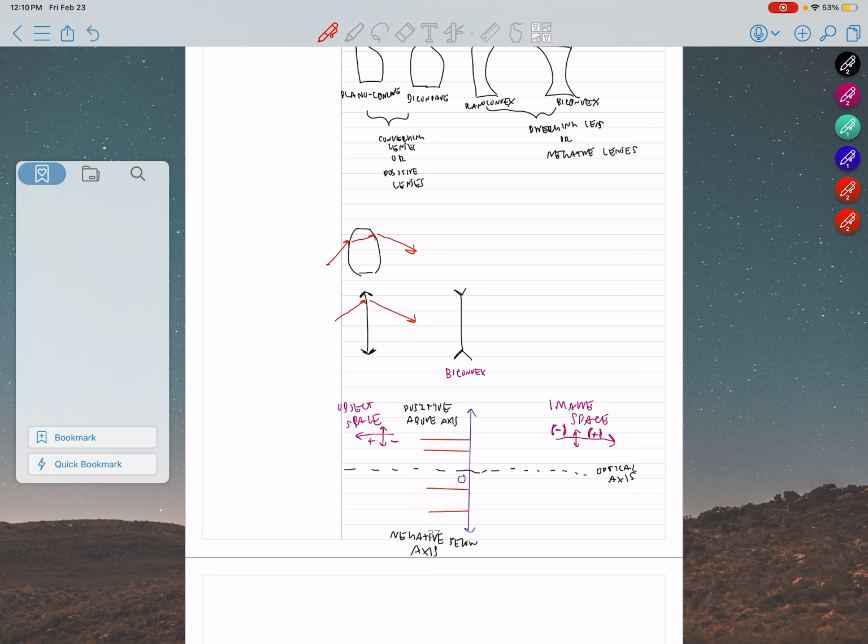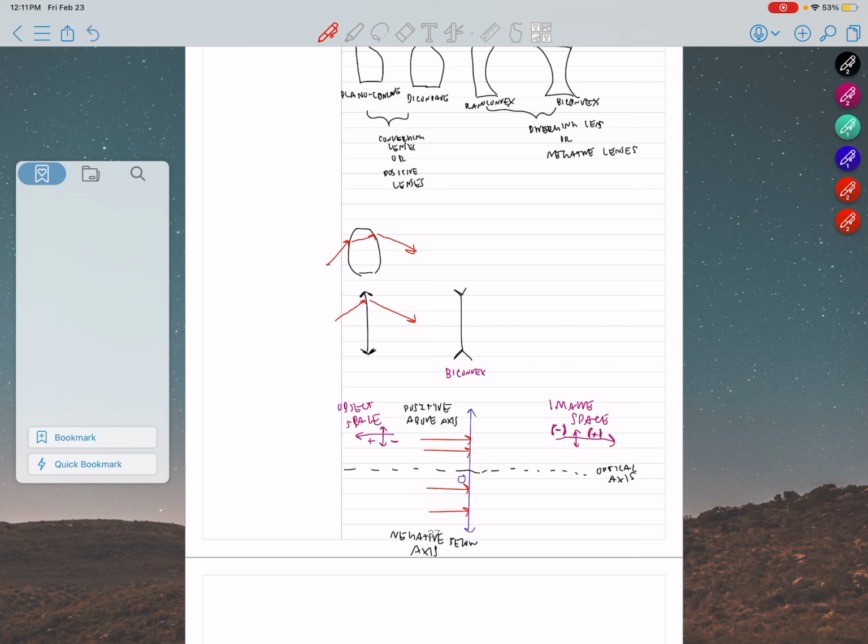Now, we call these converging lenses because when you have light that is parallel to the optical axis, all that light is going to be converging into a single point on the optical axis. Okay?